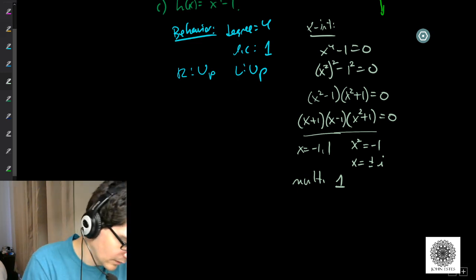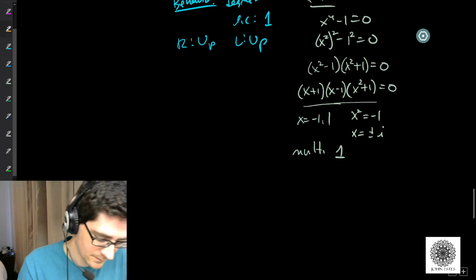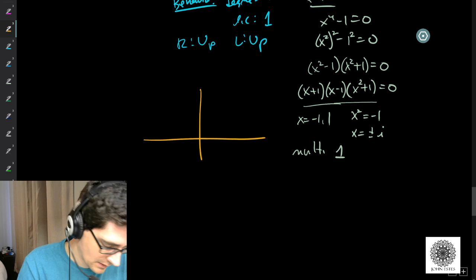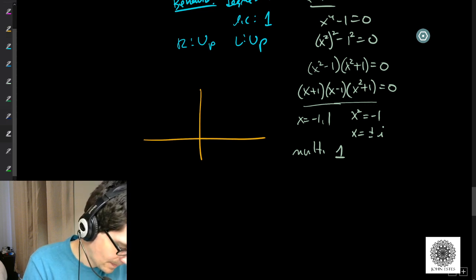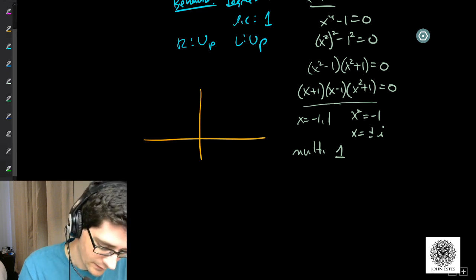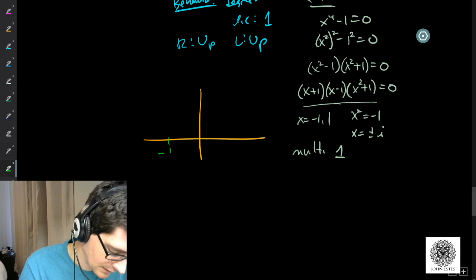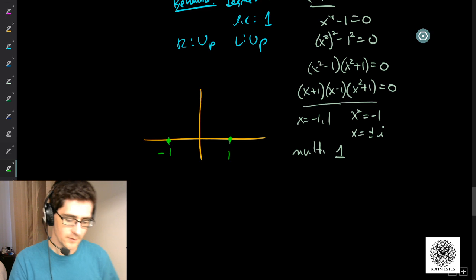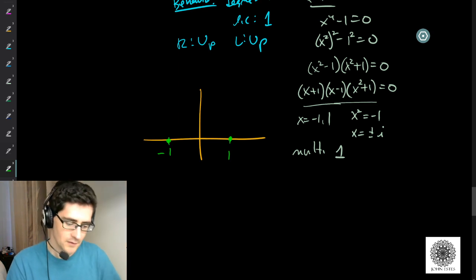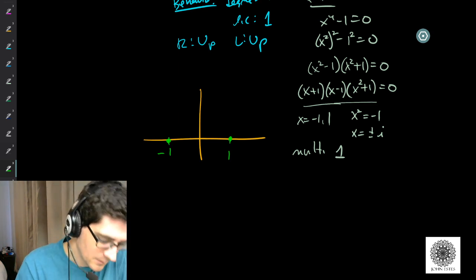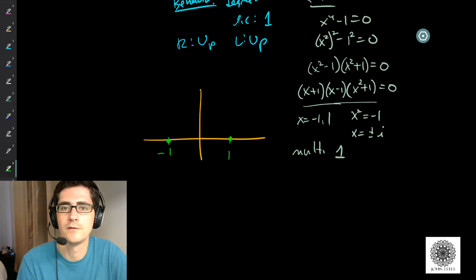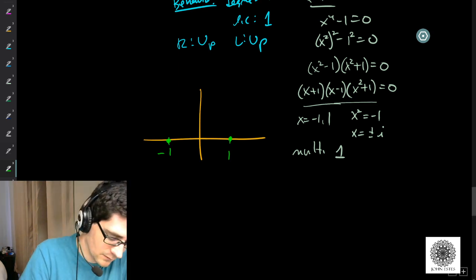Okay, so now I believe I can graph this thing. Let's see, let's do it right here. I have, again, let's think, I have x-intercepts at negative 1 and positive 1. Multiplicities of 1 in both directions, so it's just going to pass through. I have the right and left end behaviors both up. So it's going to do something like this.